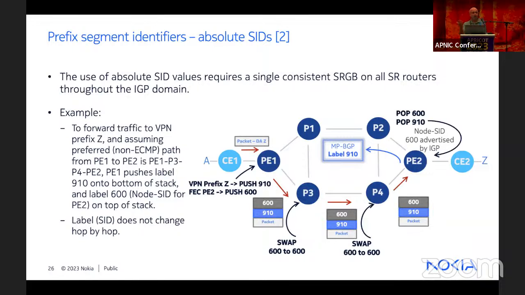PE2 will first pop 600. Once it pops 600, what's going to be left is 910, right? So it looks up the label 910 in another table. I'm not going to go into the details of that, just to keep it simple, but essentially you could say it's an LFIB as well.